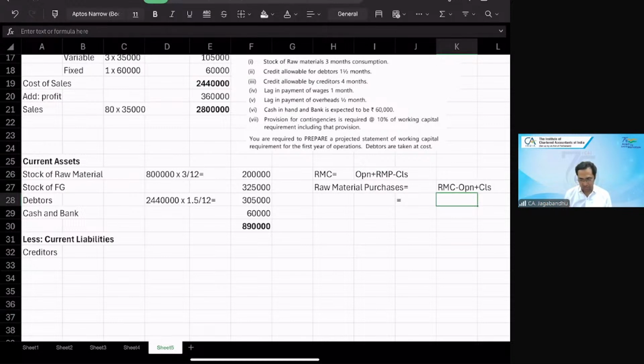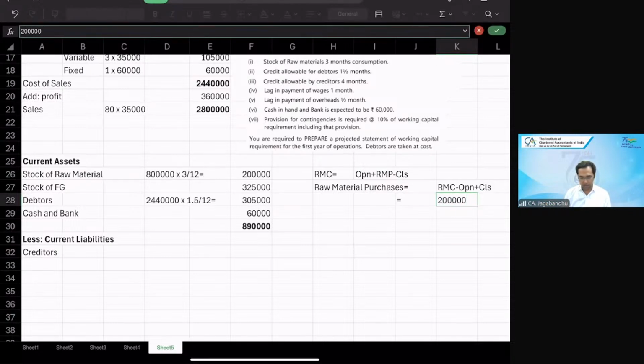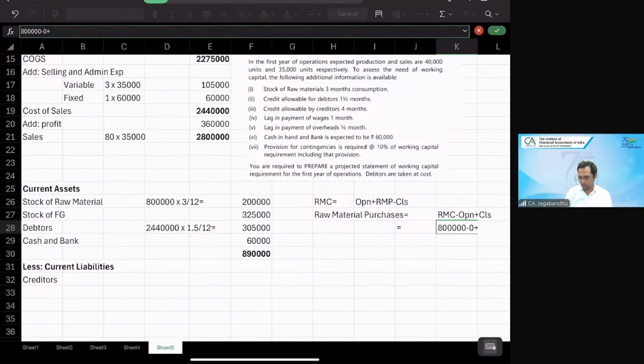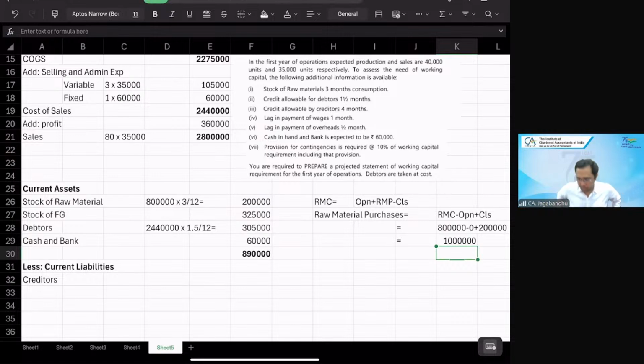Raw material consumption was 8 lakh, minus opening of 0, plus closing of 2 lakh. So that is 10 lakh of raw material purchases. Did we get this?